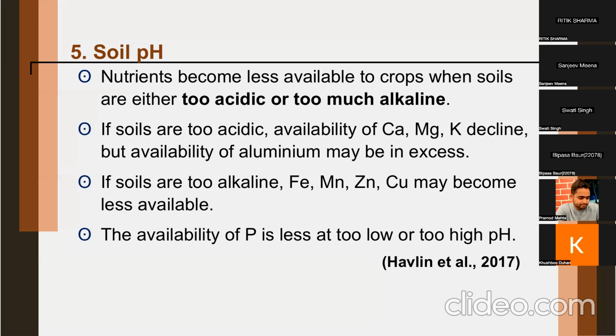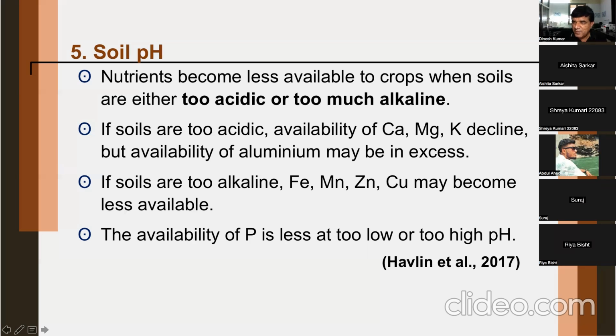But what about boron? Is it more available under acidic pH or alkaline pH, or say from acidic to slightly alkaline? Anybody? Soil science?